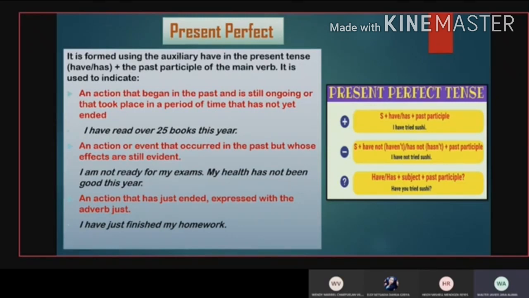For example, I am not ready for my exams. My health has not been good this year. An action that has just ended is expressed with the adverb just. For example, I have just finished my homework. In the structure: subject plus have, has plus past participle. In negative: subject plus have not, has not plus past participle. In interrogative: have, has plus subject plus past participle plus question mark.